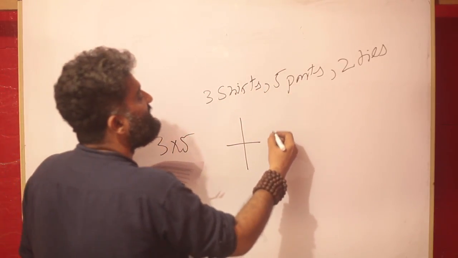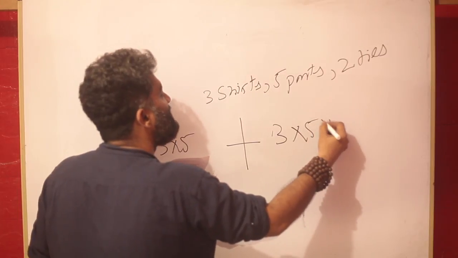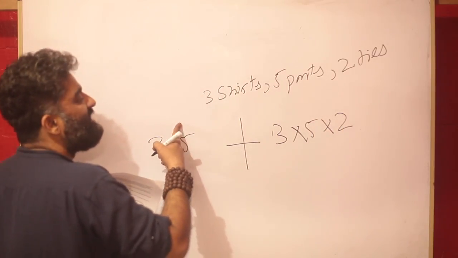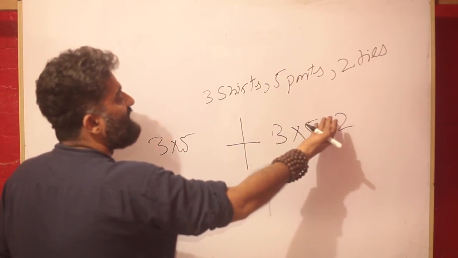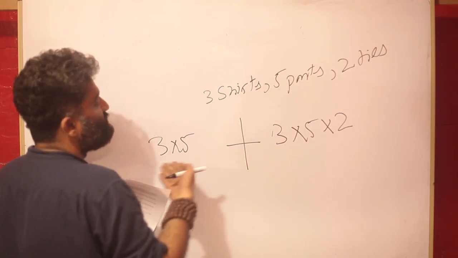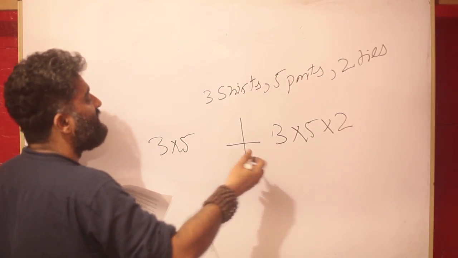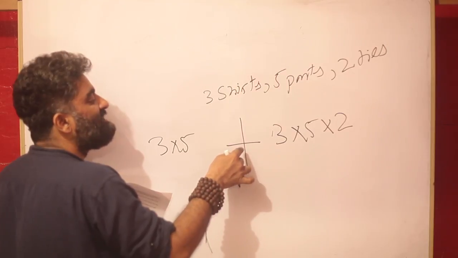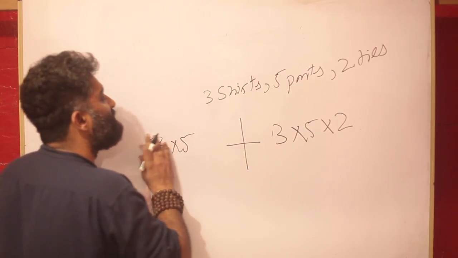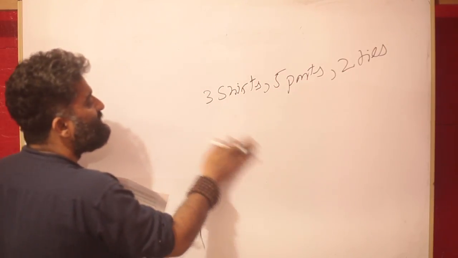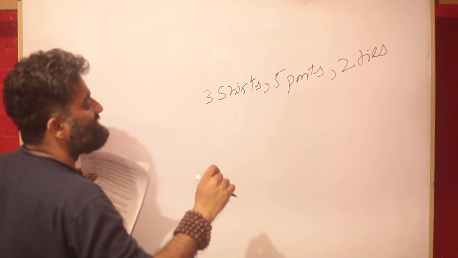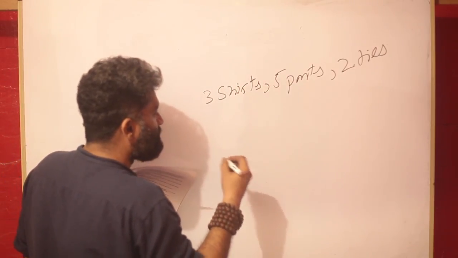If I go for the tie, it becomes 3 into 5 into 2. No tie or tie. I have covered everything, right? So this would be one way of doing it. This was just to introduce this plus symbol or the or method, right? So the product represents an and, the plus represents an or, right?